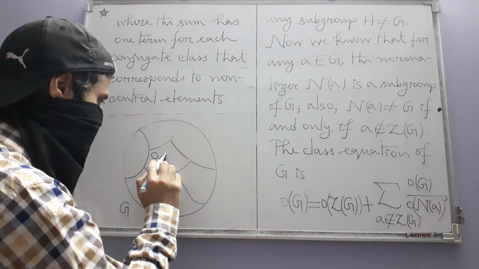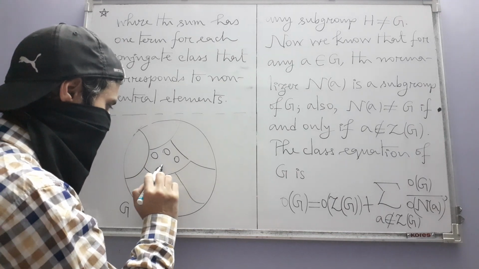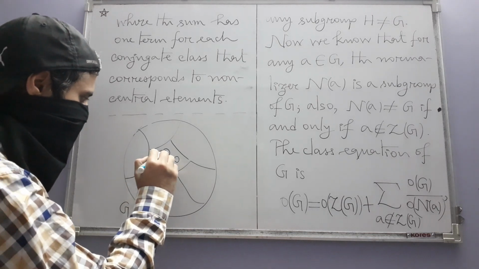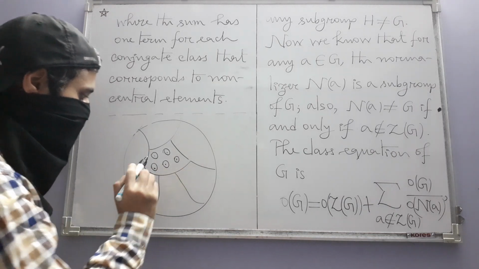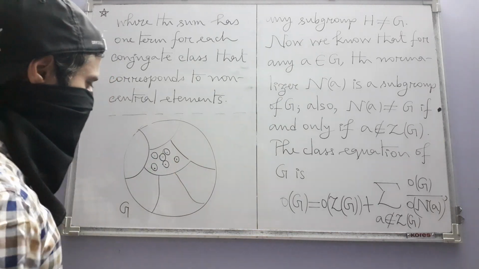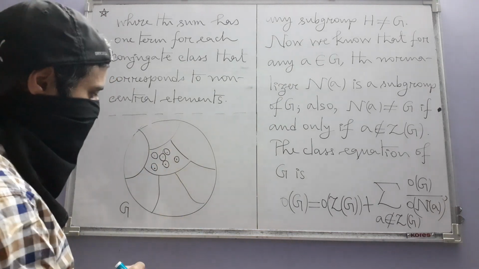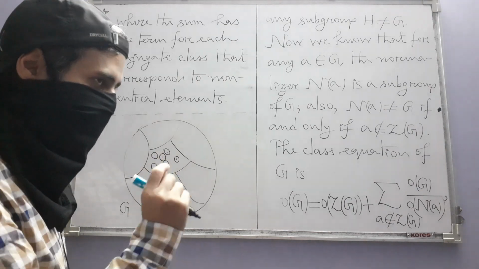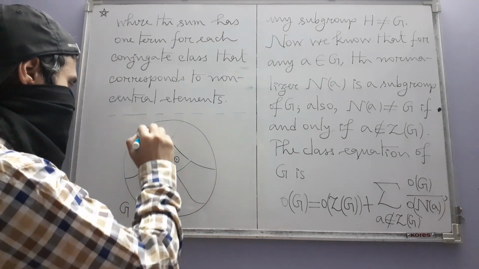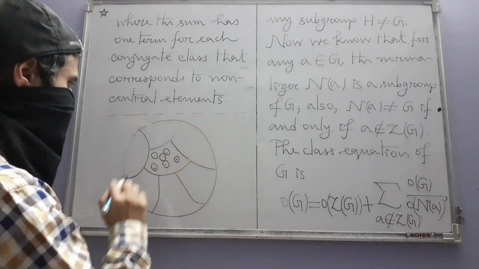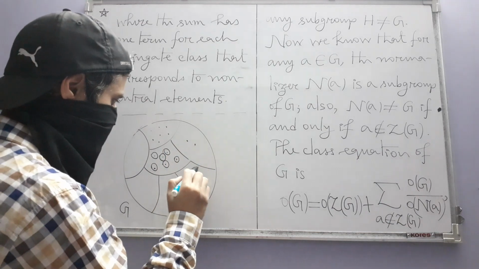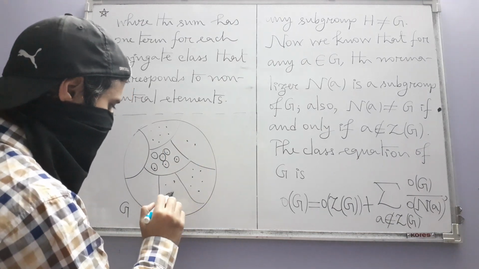So the central elements create singleton conjugate classes like this. All of these are conjugate classes, each has only one element, and all of them are central. The other conjugate classes, which correspond to non-central elements, each have at least two elements, maybe more.